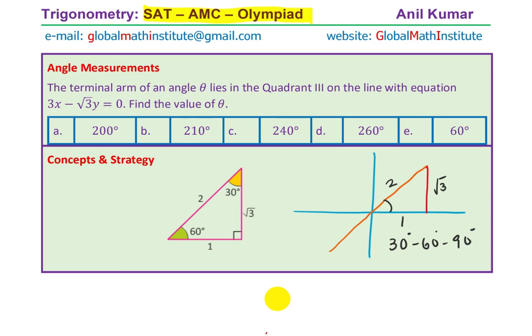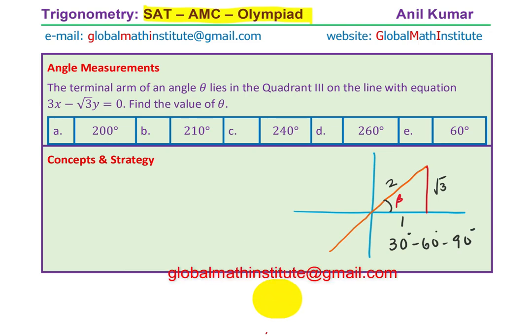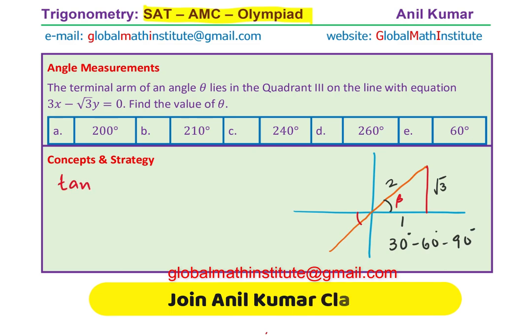And this angle, which is the related acute angle, is being calculated, which is the same as that angle. So from here, we clearly see that tan theta, or tan beta I should write, is square root 3. And this gives you that the angle beta is 60 degrees. Now this angle is 60, so that is also 60.